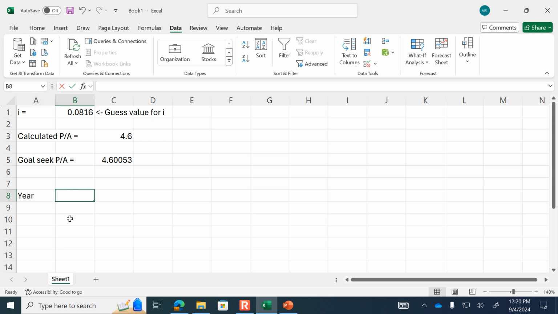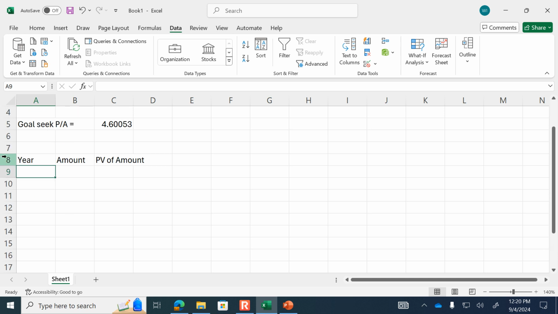Year, amount, PV of amount. Okay, and then I'm going to have here a guess value of the interest rate, starting with 1%. So year 0, 1, 2, 3, 4, 5, 6.